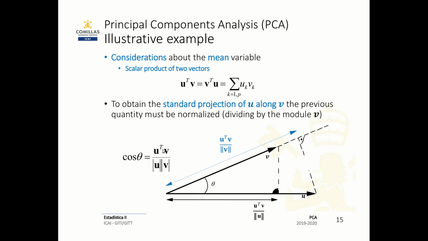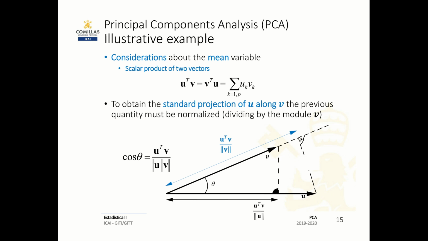Okay, so now we can also define, if we have a vector u that we are projecting onto a vector v, what we have to do is find a point along v such that if we join that point with u, the angle between v and this other segment is 90 degrees.